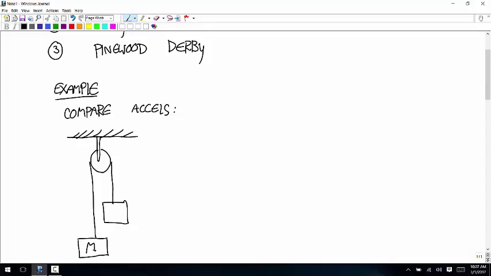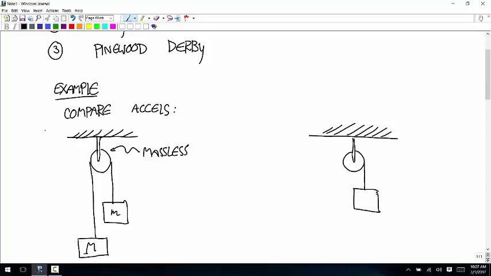I'll call the bigger mass capital M, the little mass lowercase m. And we'll assume that that pulley is massless. And then in the second example, we'll do the same thing. Why am I drawing it again, you might ask?